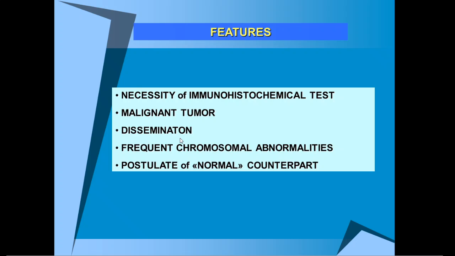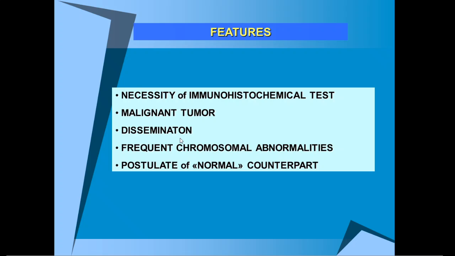So we can't use the term metastasis because where is a place without blood cells? Tell me please, where is it? There is none. Yes, you are right. So that's why we use the term dissemination. This term is correct. This term is accurate.